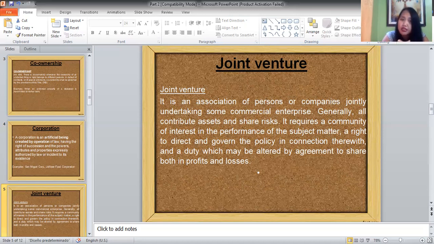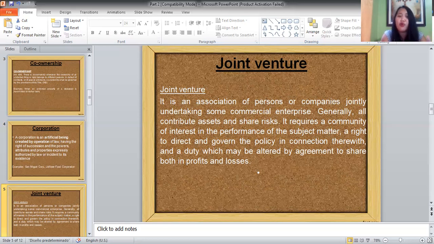Halimbawa, yung may dalawang companies na nag-form sila ng joint venture in order for the extraction of mineral oils, halimbawa, on a particular place. So, they stipulated na ang joint venture nila, for example, is for 5 years.